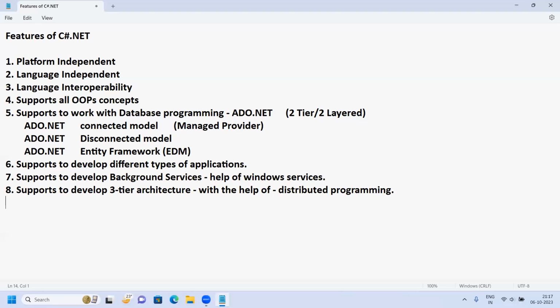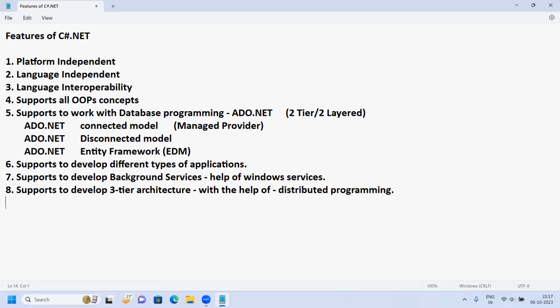One is called the presentation layer. Second is the logic layer, the logical layer. And third is the data access layer.